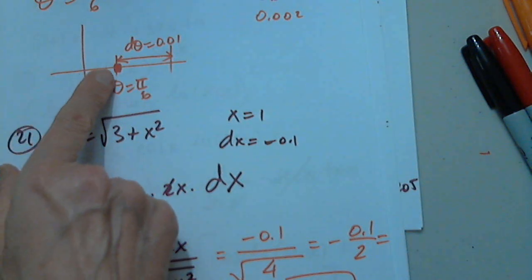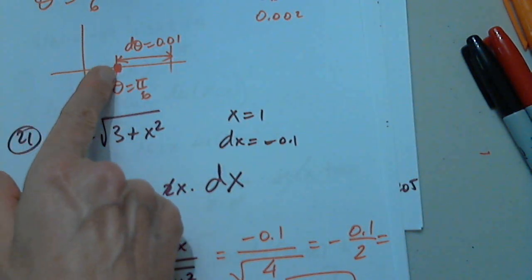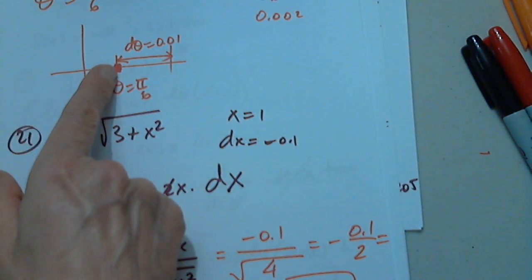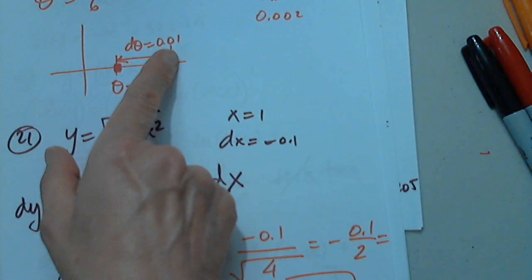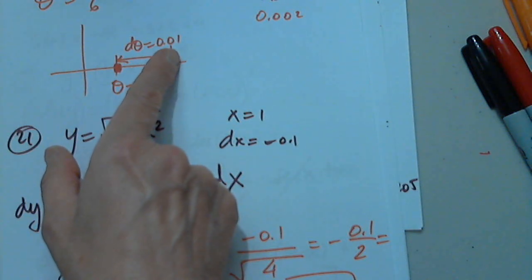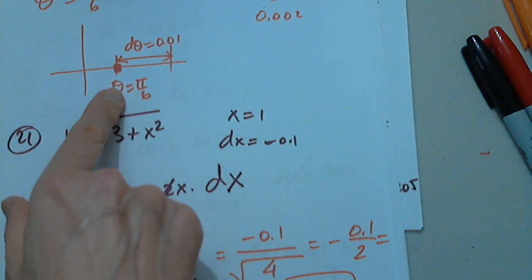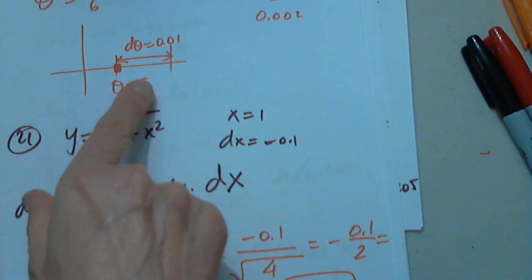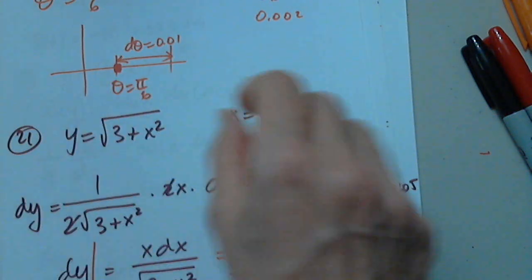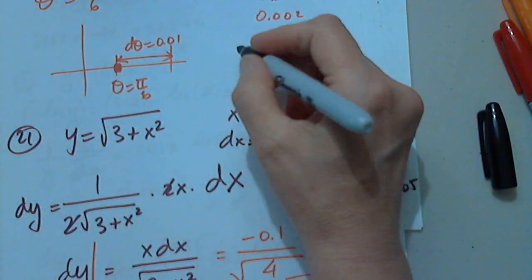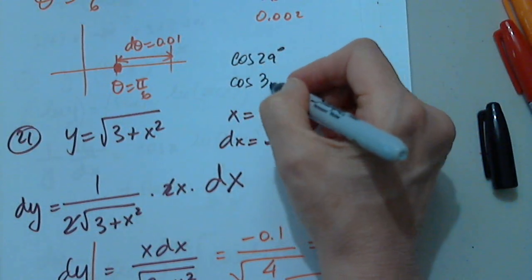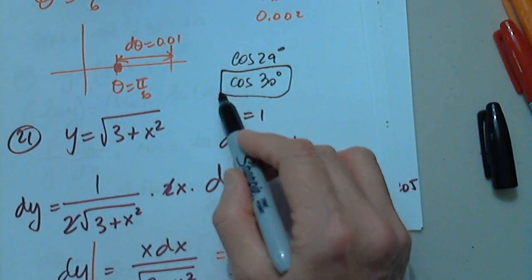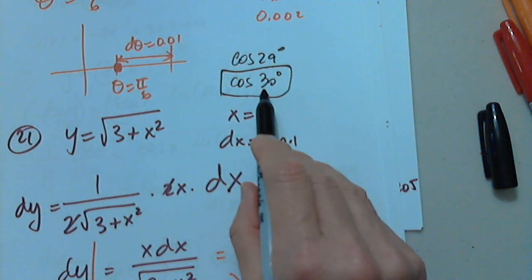So we're looking at degrees. So we're looking at cosine 29. So this is 29. So I'm looking at dx to be a small number. I don't know anything about 29. What I know is 30, right? I have no clue what cosine 29 means, but we've known for years what cosine 30 is.